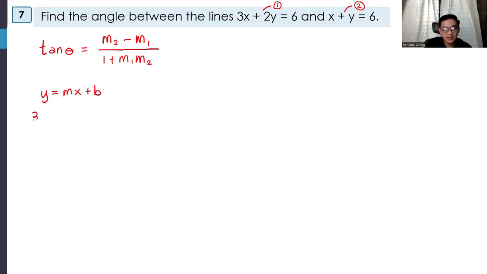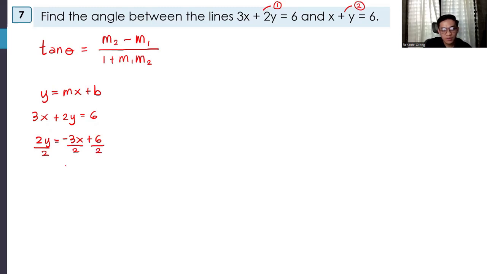So, let's start with 3x plus 2y is equivalent to 6. For this one, let's move it to the other side, it becomes 2y is equivalent to negative 3x plus 6. Then, let's divide everything by 2. It becomes y is equivalent to negative 3 over 2 x plus 3.